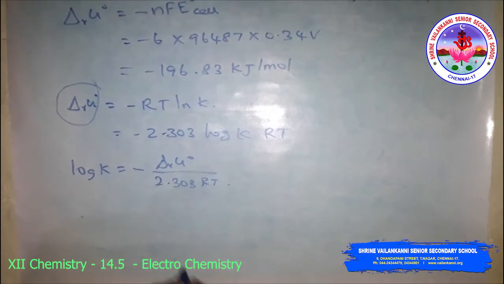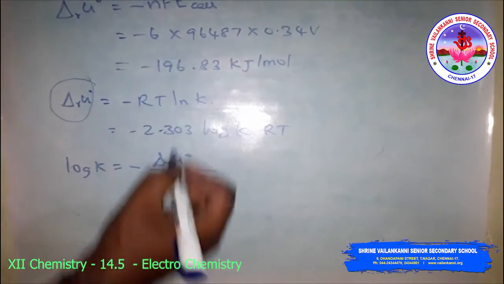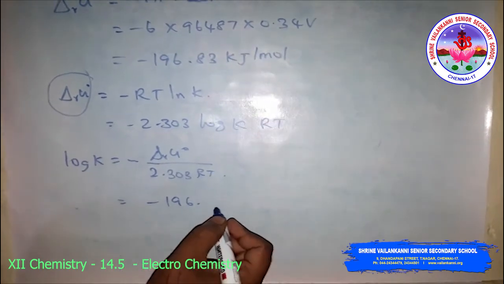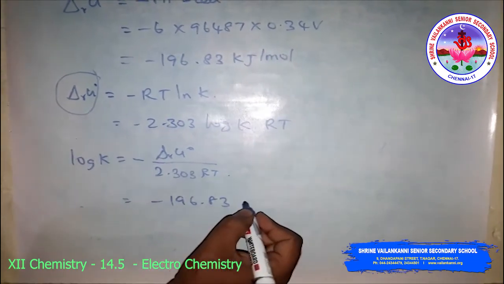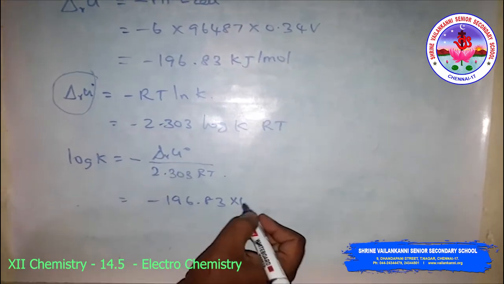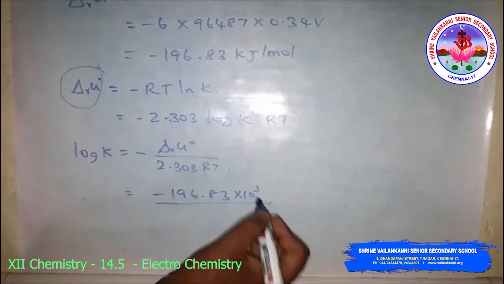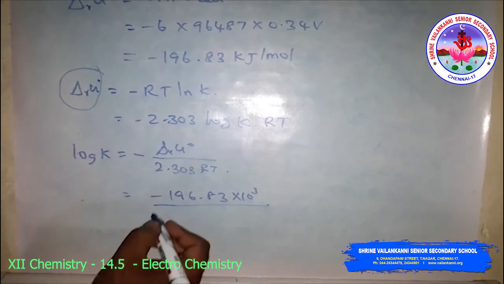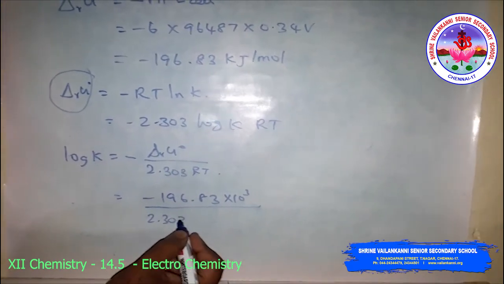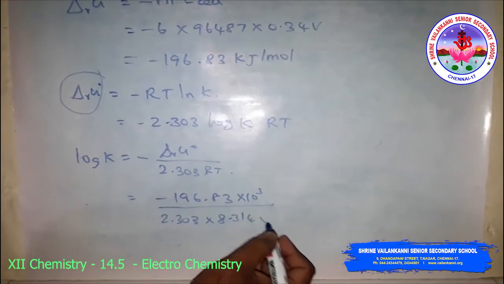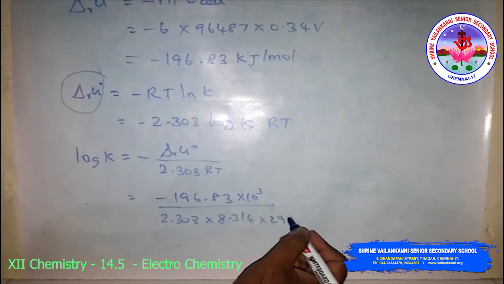Then delta R G naught value is minus 196.83 into 10 power 3, because of the kilojoule I just converted to 10 power 3. Then 2.303 into R, which is 8.314, and temperature is 298.